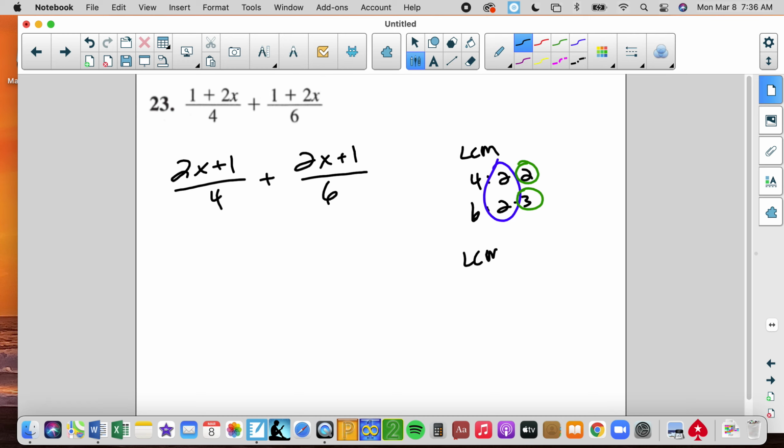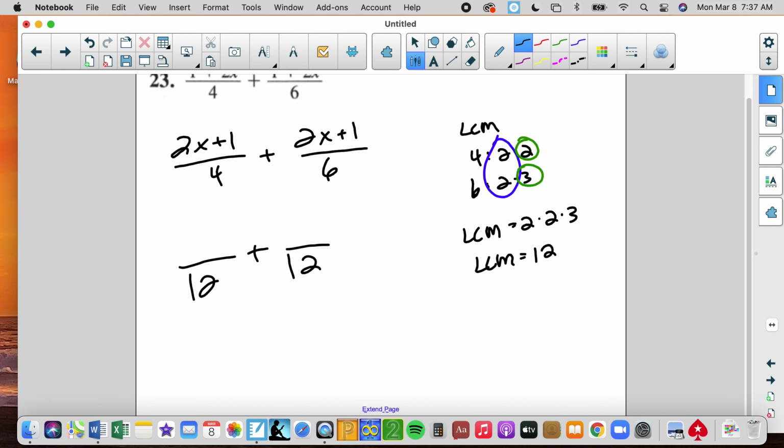So my LCM is 2, what they have in common, and then 2 times 3, which is the leftovers, which equals 12. And now equivalencies. 2x plus 1 over 4 equals what over 12? Well, we're going to multiply it by 3.